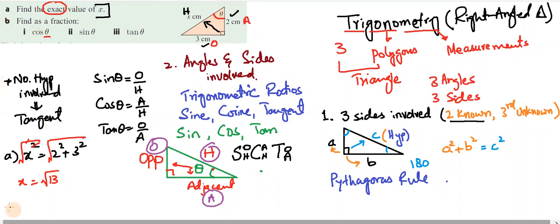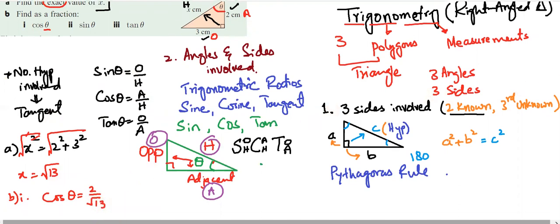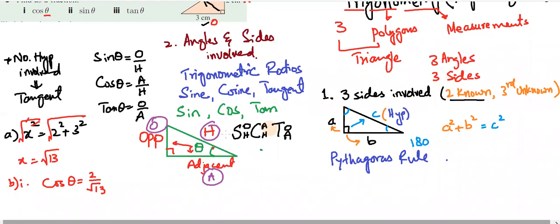Hence, for B1, cos of theta is adjacent over hypotenuse. In this case, adjacent is 2 and hypotenuse is x, which is root of 13, which we have already worked out in the previous part. Similarly, we'll do it for sine and tan.